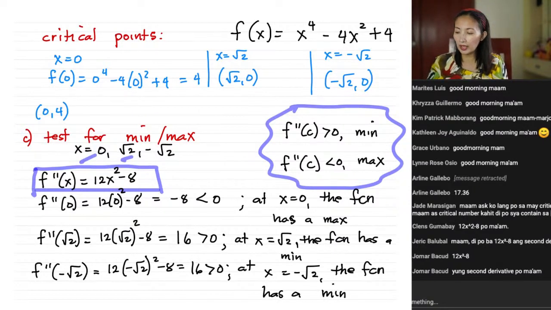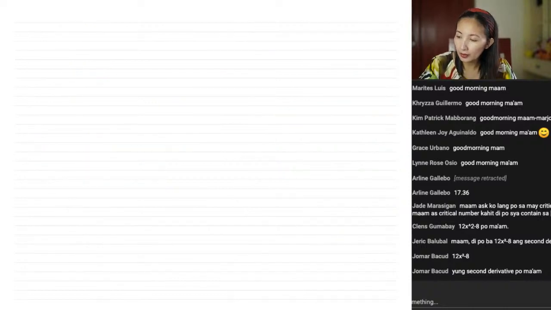So now we have identified our relative max and min. Then we are ready to sketch the graph. Let me write. What are the critical points that we have identified so far?